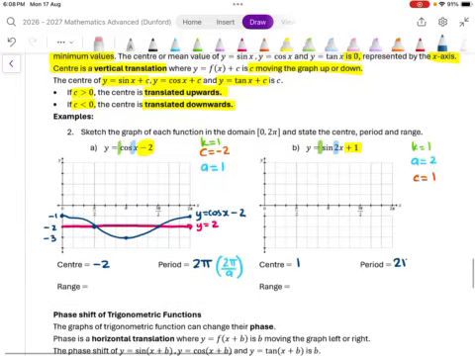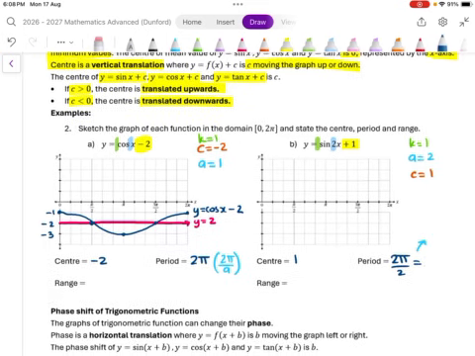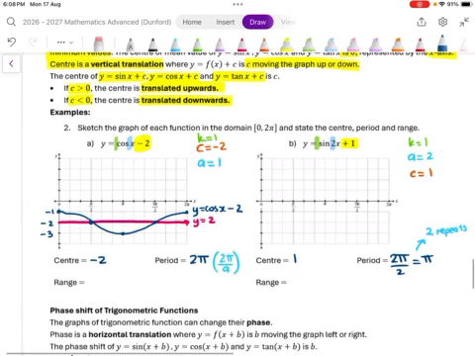Our period is going to be 2 pi on 2, which is equal to pi. That means we have 2 repeats in our domain.